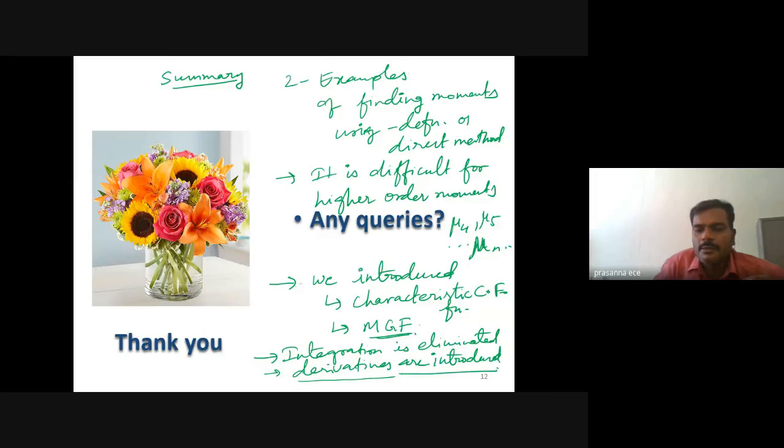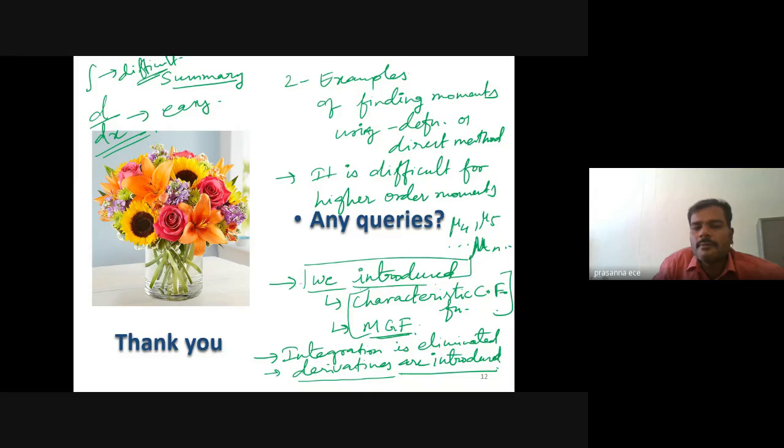They introduce derivatives. Derivatives are easy compared to integration: d by dx is easy, integration is difficult and time consuming. So by using derivatives, the characteristic function and moment generating function make the evaluation of moments very easy. You go through the slides.